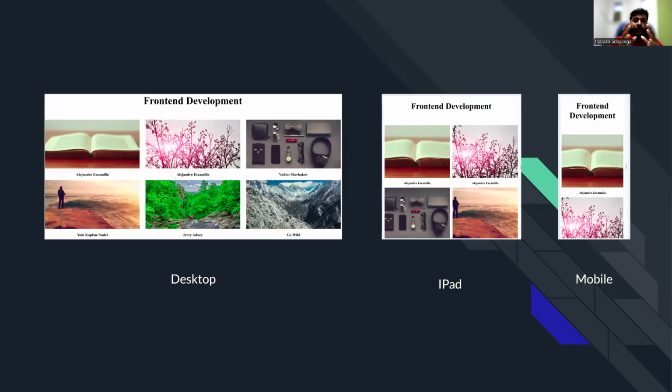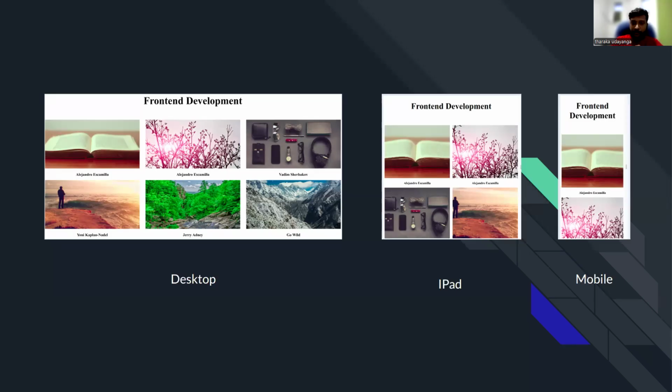Here we will get some data, posts, images and titles from an external public API, get that data from an API call and display it like this in different structures or views for different screens.